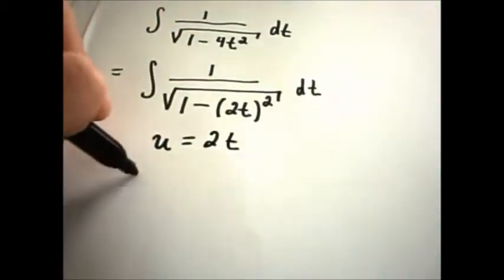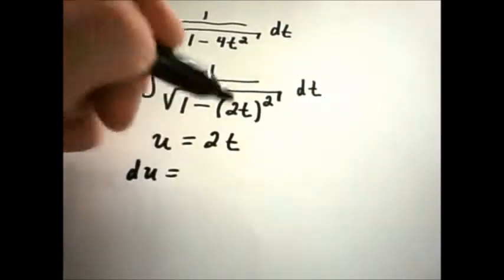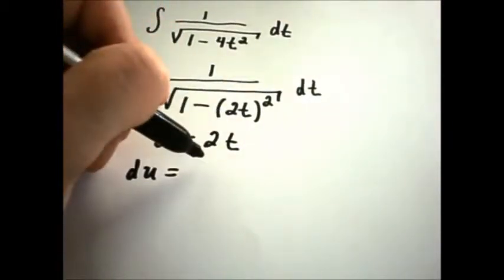Now in this problem, if you think about the formulas we were just looking at, it looks a whole lot like the arcsine formula. The arcsine says you have the square root of 1 minus a variable squared. Well, I want to make this problem look a lot like this one. And here's how you go about doing that.